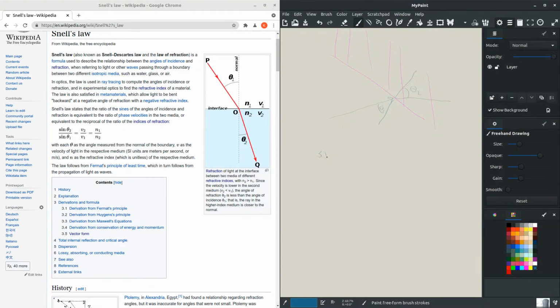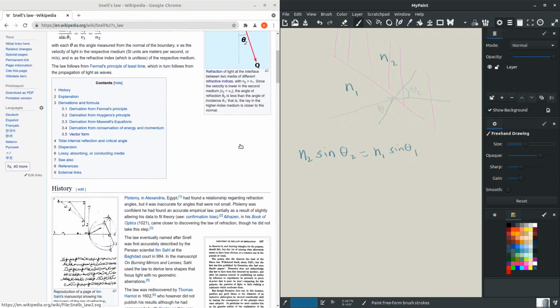So it's sine of theta 2 times n2, which is our index of refraction on this side, equals n1 times sine of theta 1. That's nice, except then we'd have to figure out all these angles, which is annoying. So we will take a different approach instead.